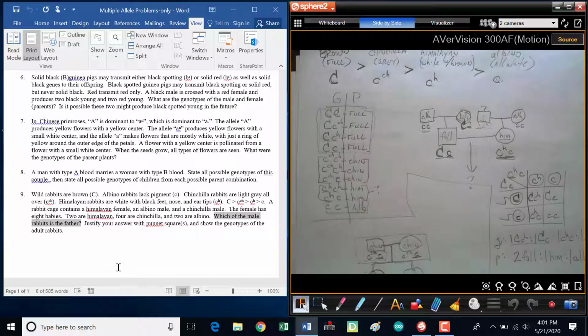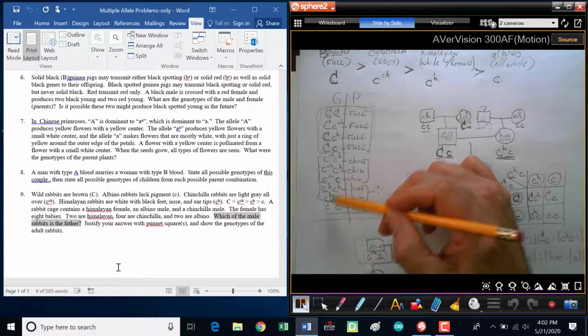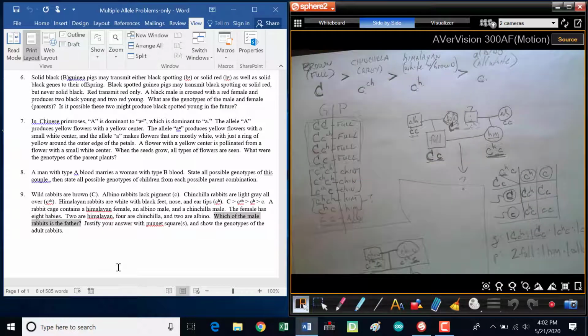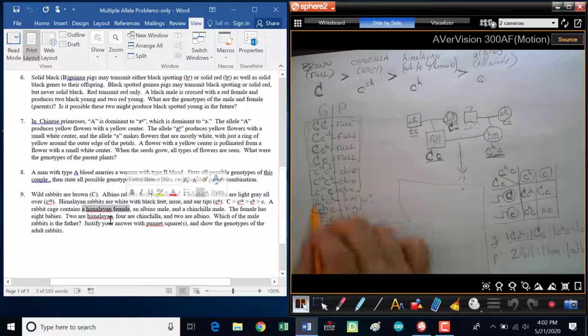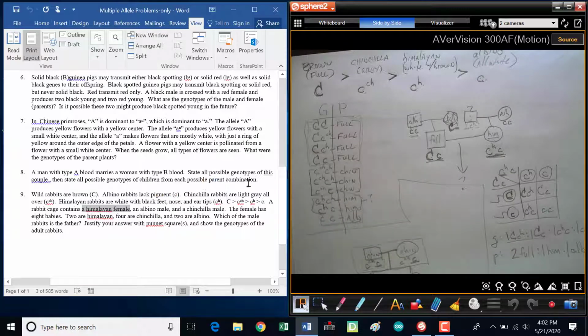The female in both of those will be Himalayan, but you don't know if she's this genotype or this genotype. So you set them both up, work through it logically, and figure out which of these 2 dads can actually produce all these offspring. It involves considering what the genotype of this Himalayan female might be. It's a fun problem. Please do it.